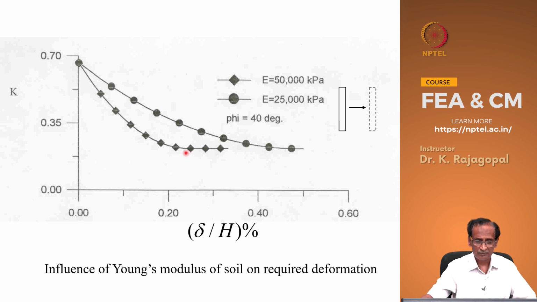So, our K active is about 0.217, which is approximately represented by both these graphs, and with the modulus of 50,000 we reach the active state faster, and the percentage deformation that you need is about 0.2%, but when your Young's modulus is only 25,000, you need almost 0.4%.